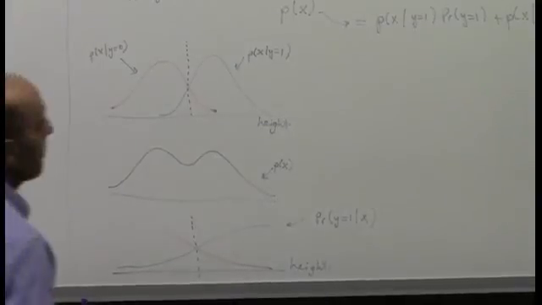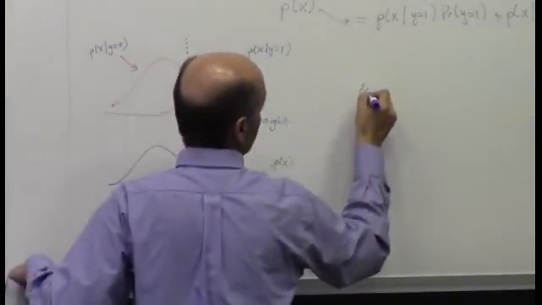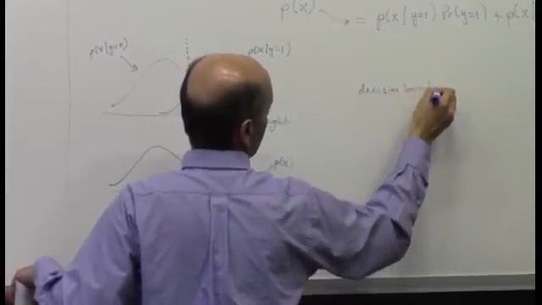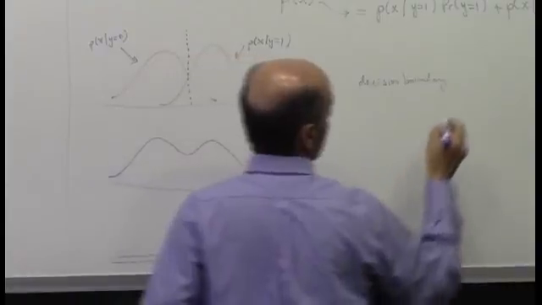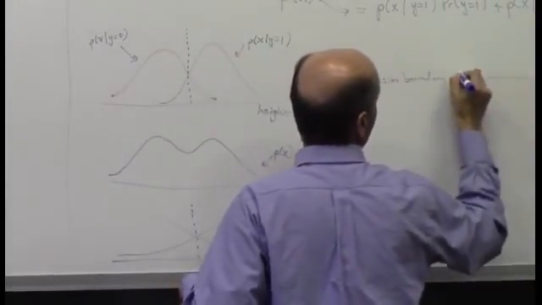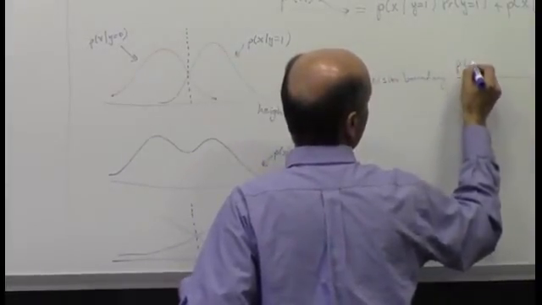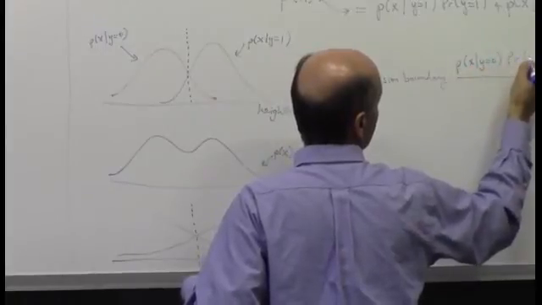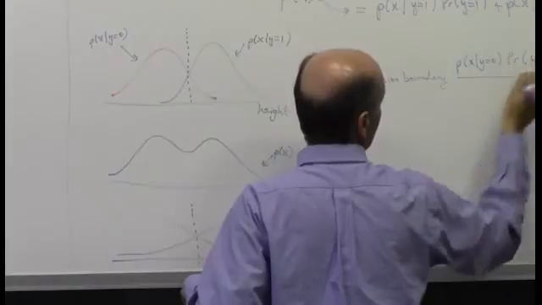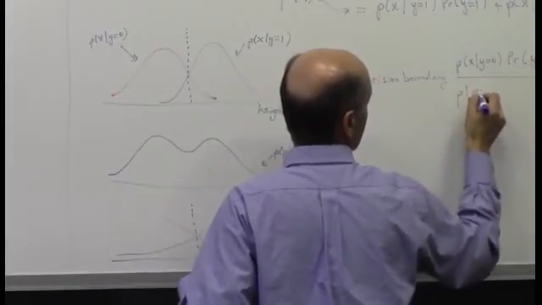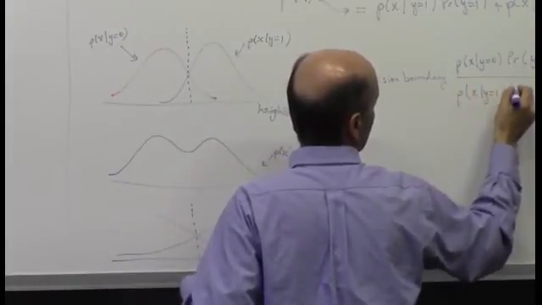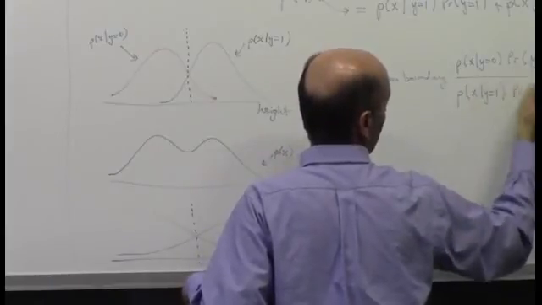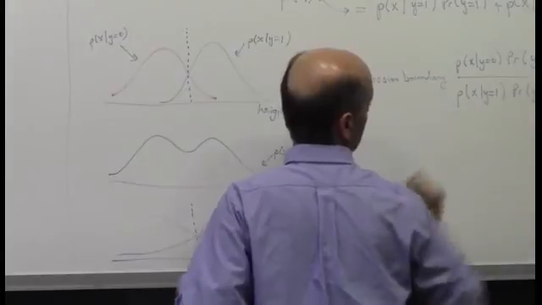In principle, what you want to know, your decision boundary, is where the ratio of the probability of x given y equal to 0 times the prior probability of y equal to 0, over the corresponding term for y equal to 1, is equal to 1.